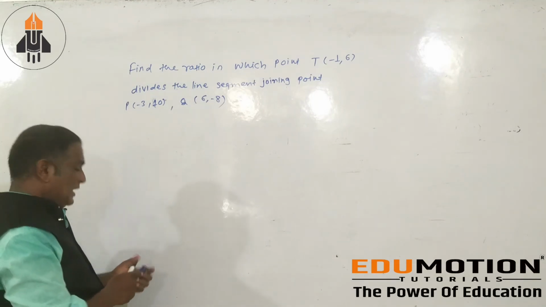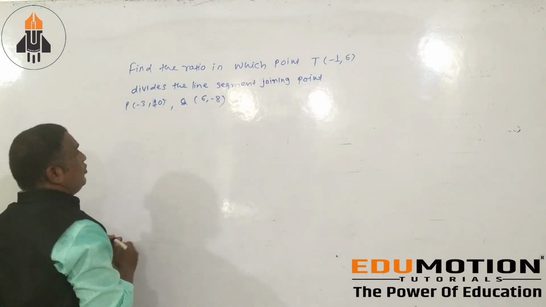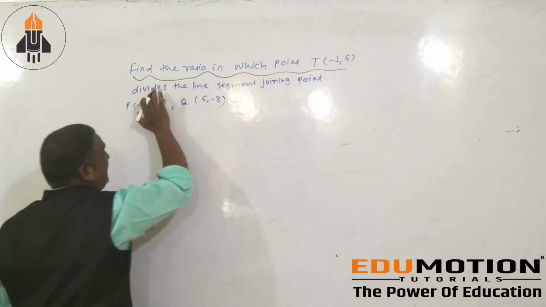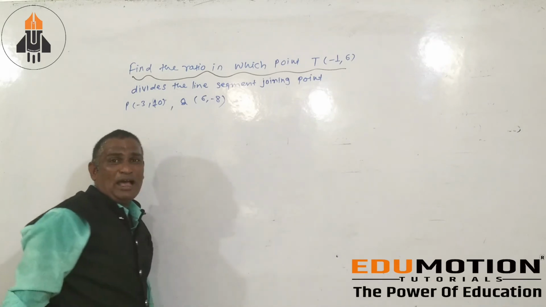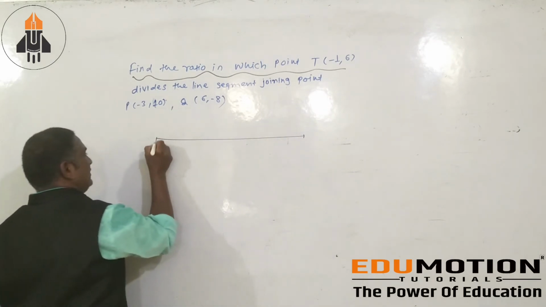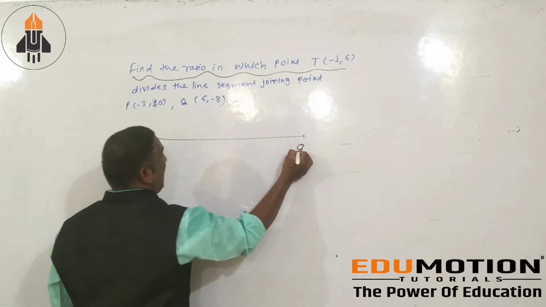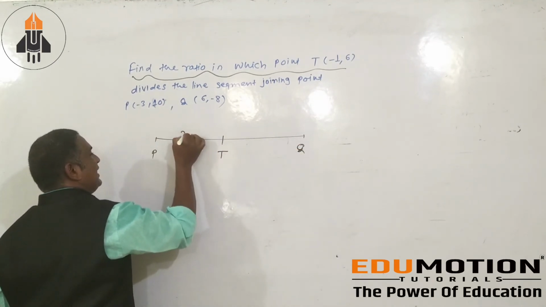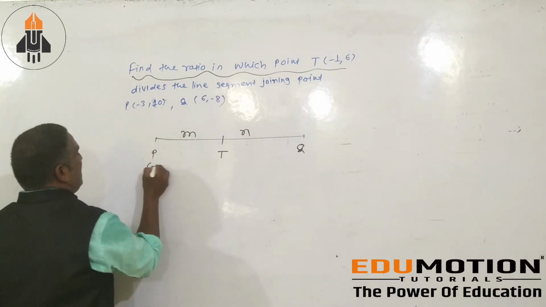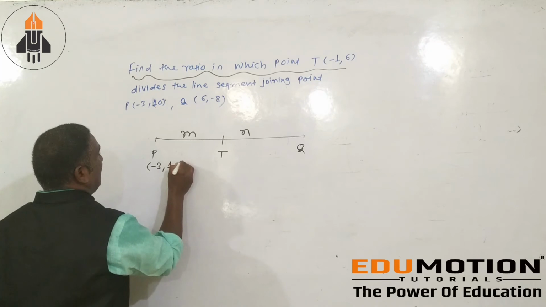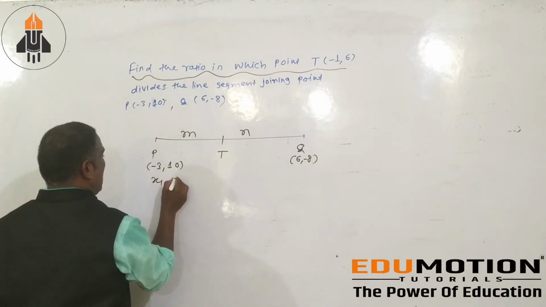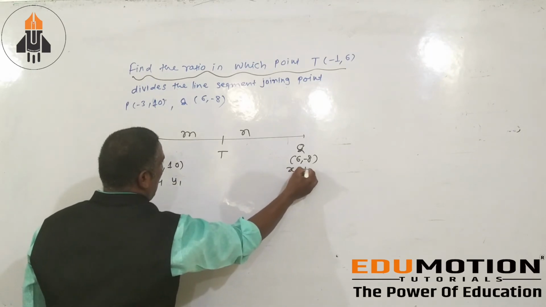First find the ratio in which the point T divides the line segment joining these points. This is your P point and this is your Q point, and this T divides the line segment in the ratio m is to n. The points are -3, 10 and 6, -8: x1, y1, x2, y2.